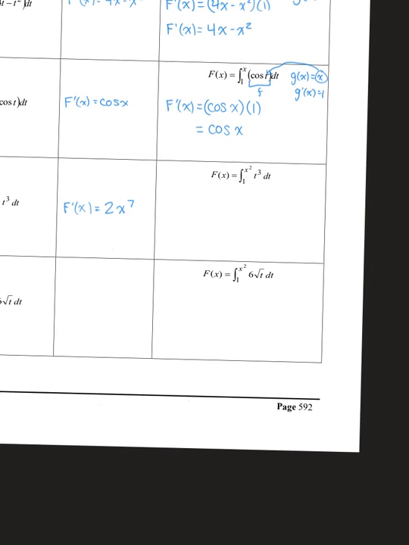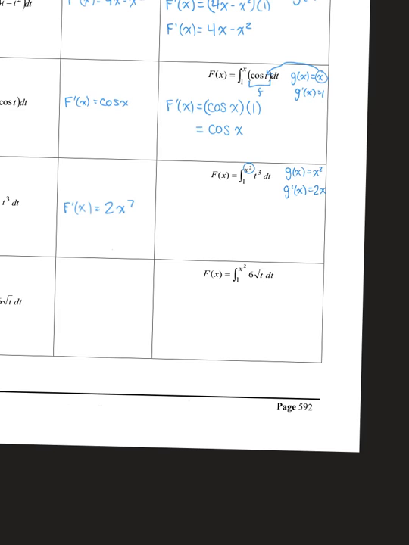So the third one here, again from the previous page, we found that f prime was 2x to the 7th. Okay, so we have to follow the map of the second fundamental theorem of calculus. So this right here is our g of x, which means that g prime is 2x.